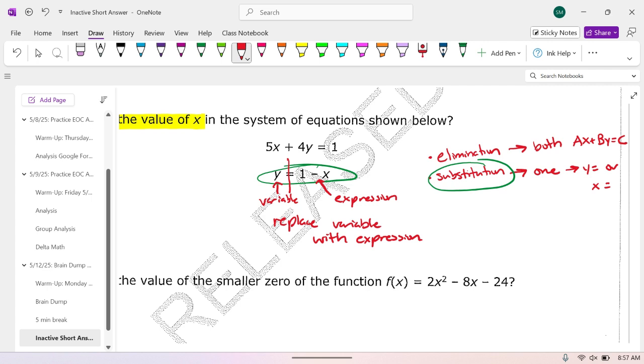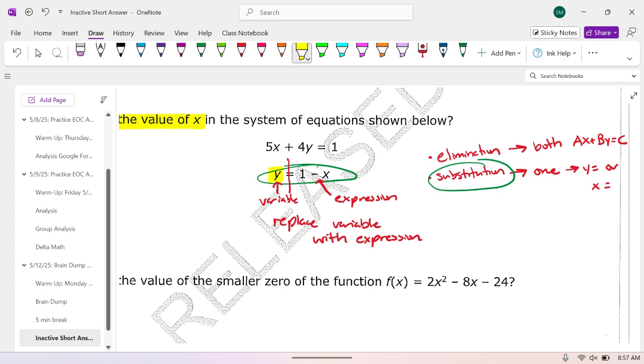So we substitute for which variable up top, the x or the y? What singular variable were we given? So guys, what's the singular variable with the equal sign of our second equation? What's by itself? The x or the y?